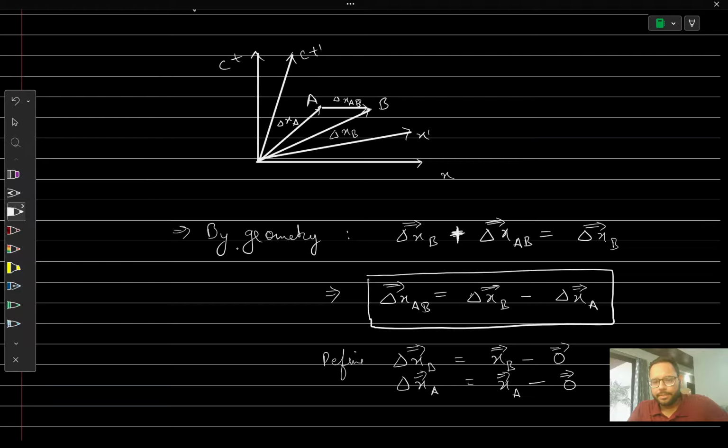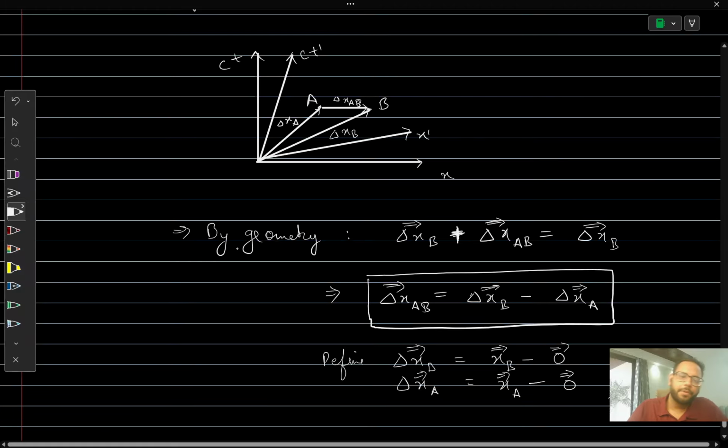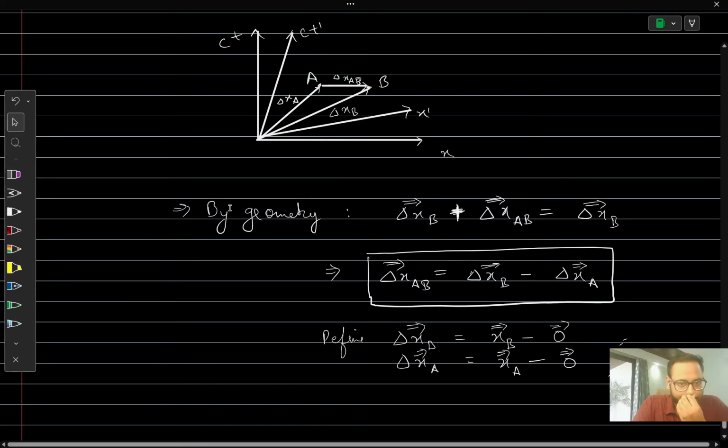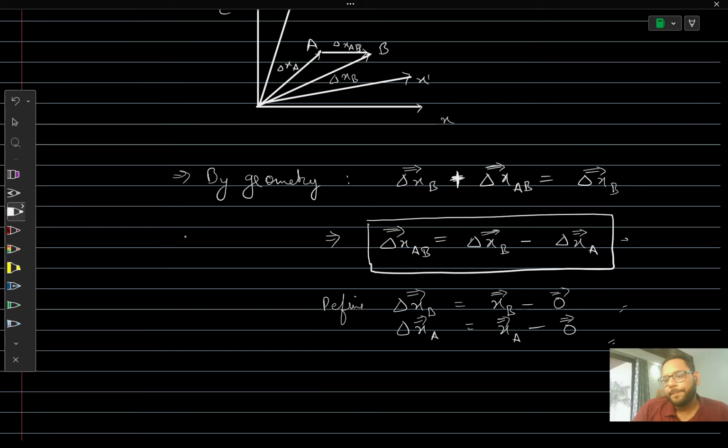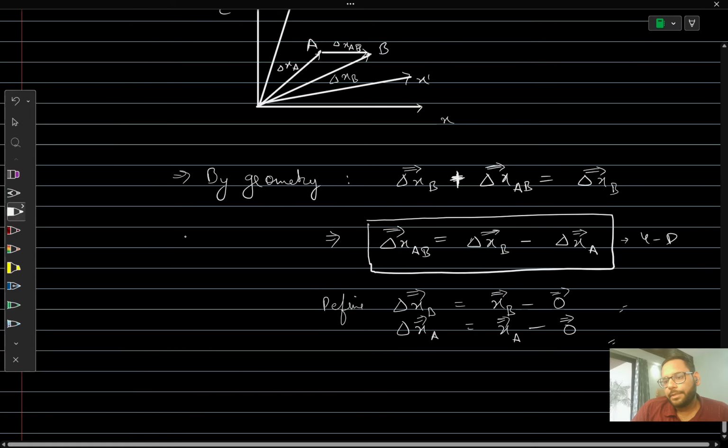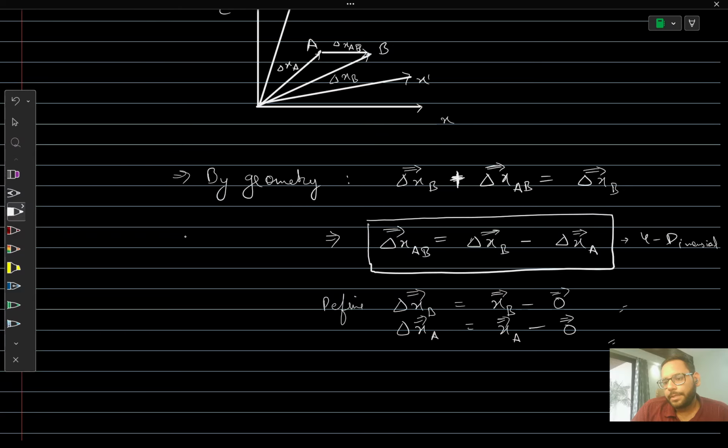That's why I am writing this delta. So this is my four-dimensional displacement vector, the four-dimensional spacetime vector.